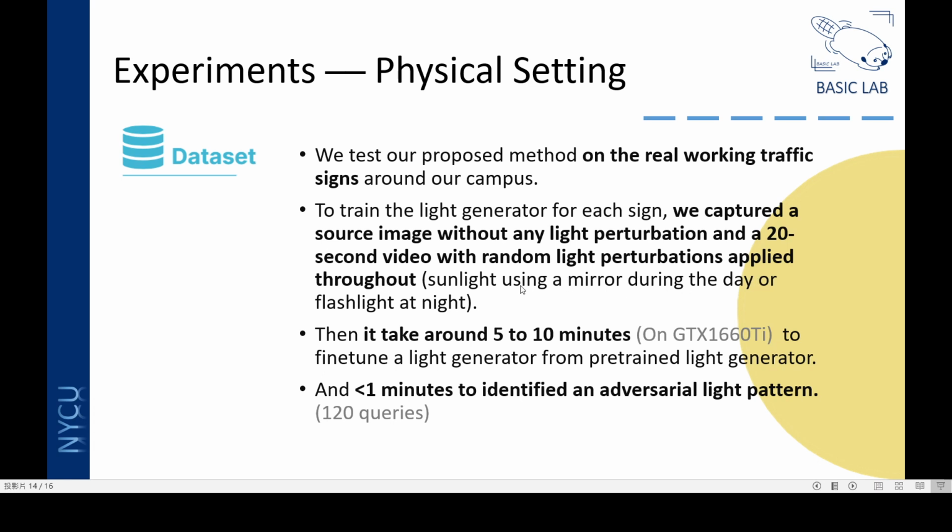In the next step, we crop each frame as the light interference data, which is the capital X in the previous slide. It will take some time, but not too long, to fine-tune the light generator and infer the adversarial light pattern.